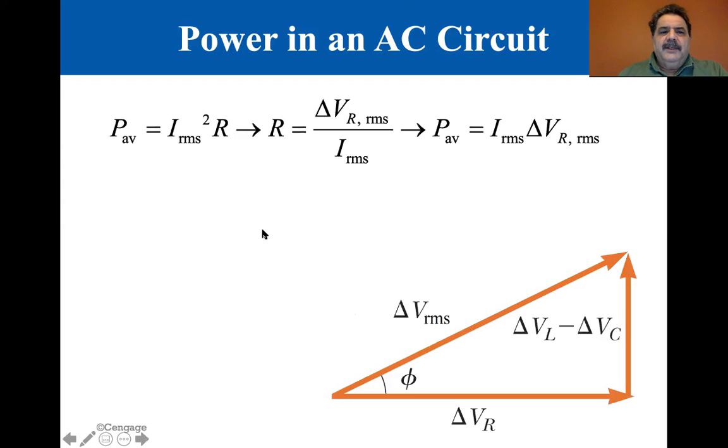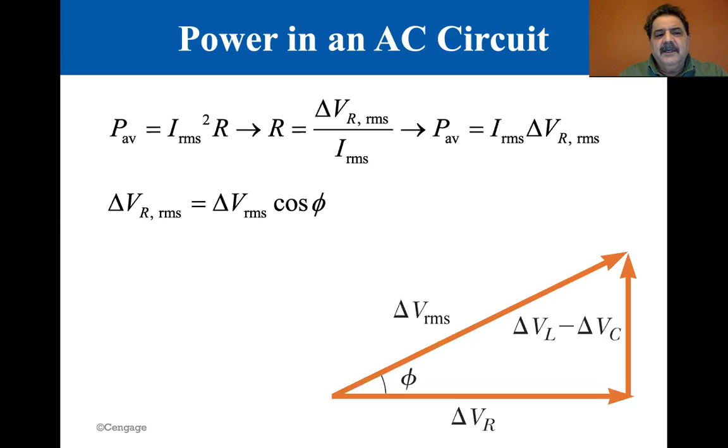So we know that the average power is equal to I RMS squared times R, and R is delta V R RMS divided by I RMS. So if we substitute that in for R, we know that the average power is equal to I RMS times delta V RMS, which is exactly what we had in the DC case.